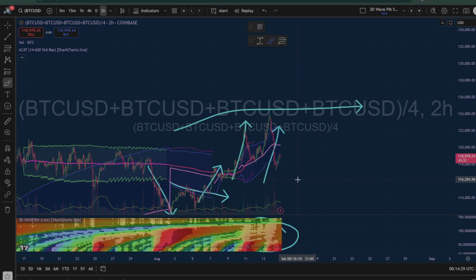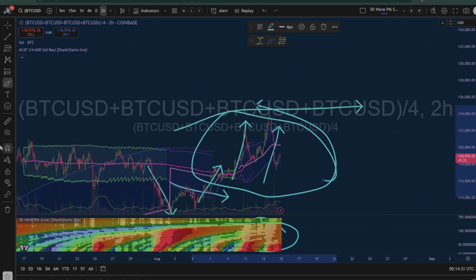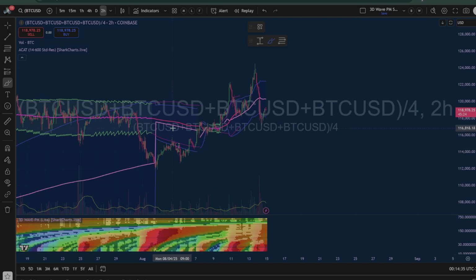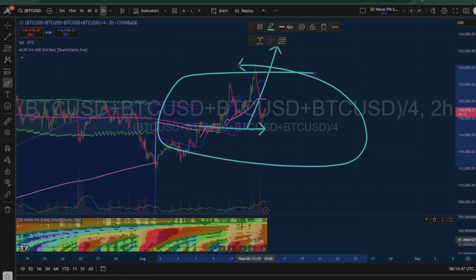Why would you do that? You're wasting your potential energy. So literally, if Bitcoin just did this and then spiked up, it would probably have a better run. But instead, we're just confirming a condition of lateral trading and relative exhaustion.